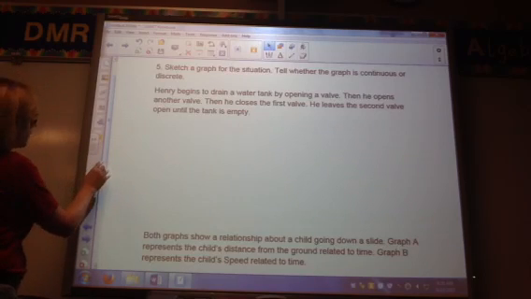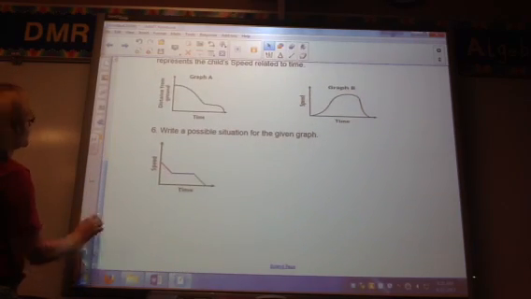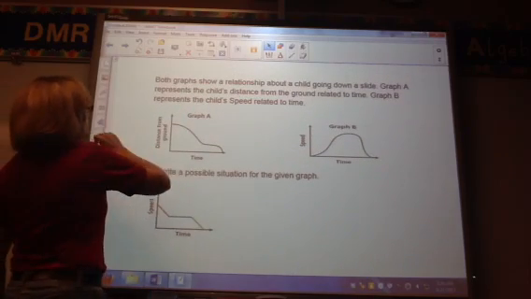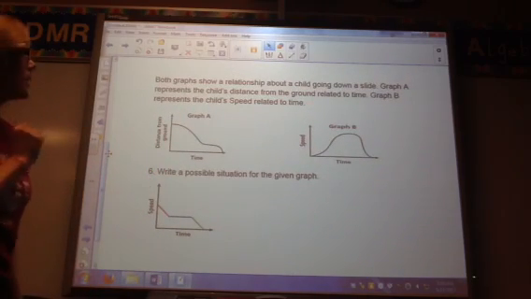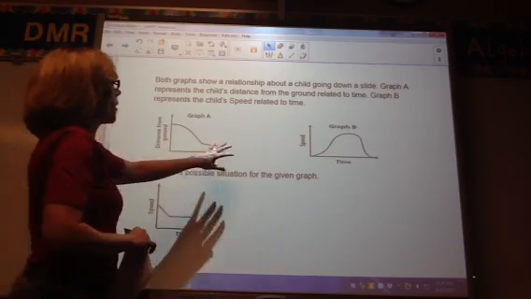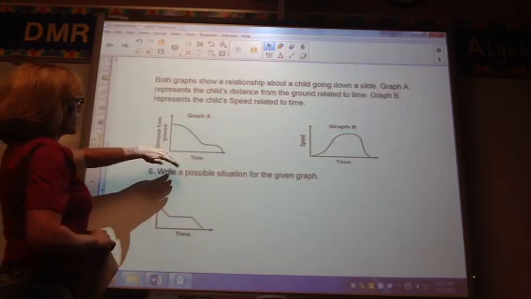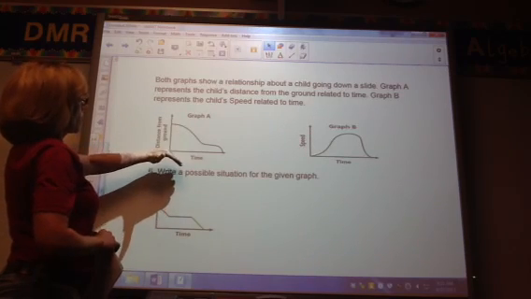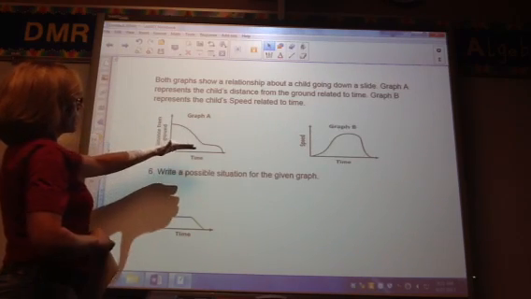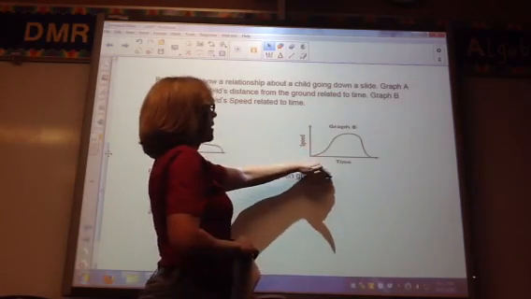Okay. Let's skip 5 to save on time and go ahead and do number 6 here. So, what we're doing on this one, guys, is you're going to be given a graph and you're going to have to write a scenario. We've got 2 different graphs here. We've got a child that's on a slide, and you can have a graph with distance from the ground and time, or you can have speed and time.